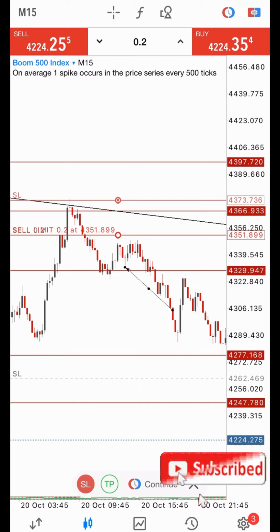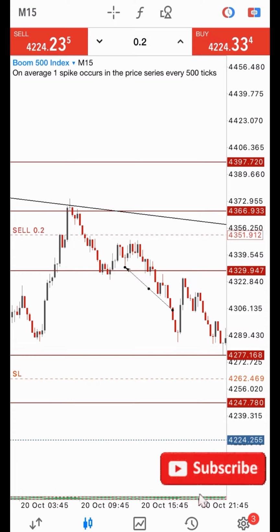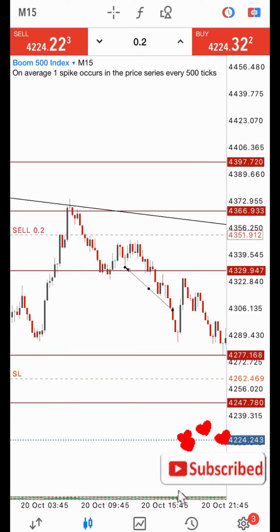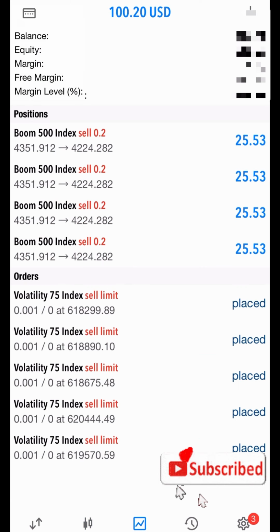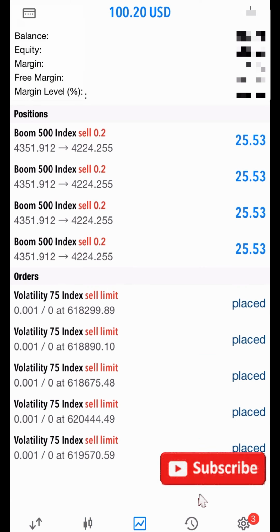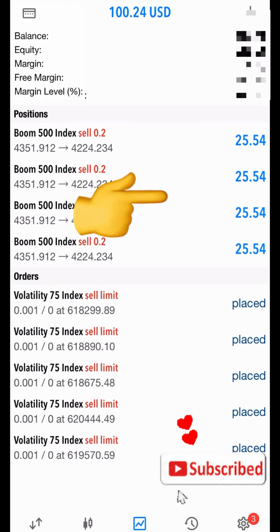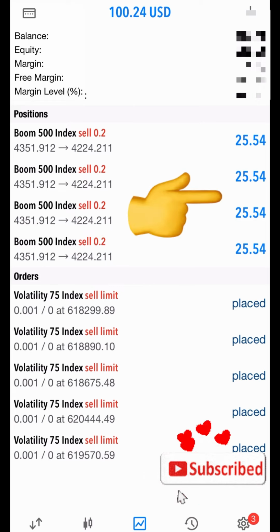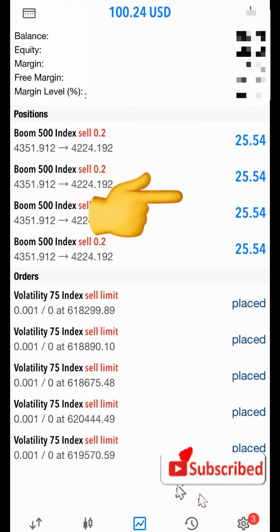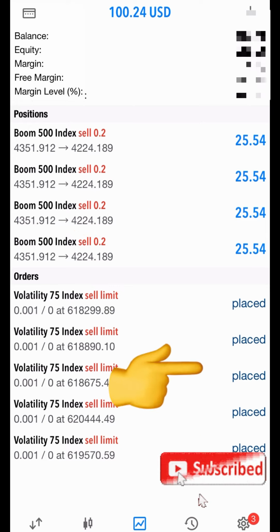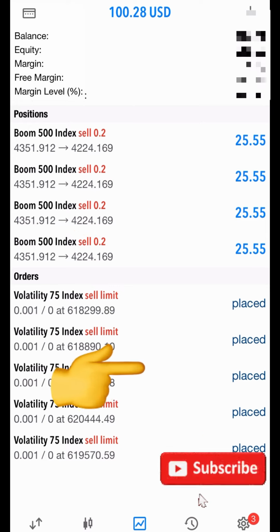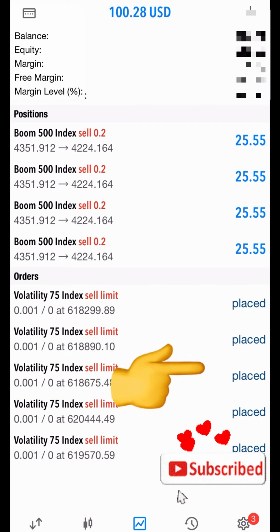I'll show you exactly how you can do the same thing, and I'll use Volatility 75 as an example. As you can see, the Boom index is currently on $25 each on the 4 positions, and that's about $100 in profits. You can also see I have VIX 75 with sell limits placed, and I'm waiting for the trade.